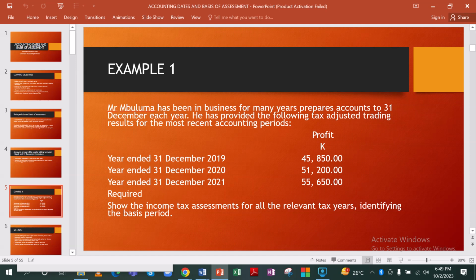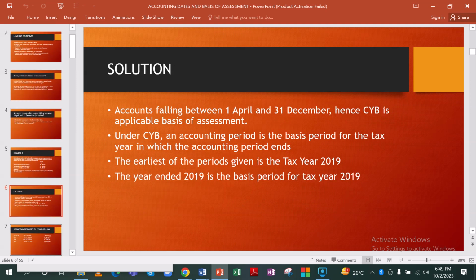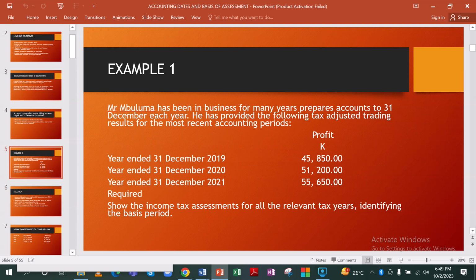I've mentioned a number of points that we need to focus on in solving this problem. Point number one: you note that the year end is 31st December.